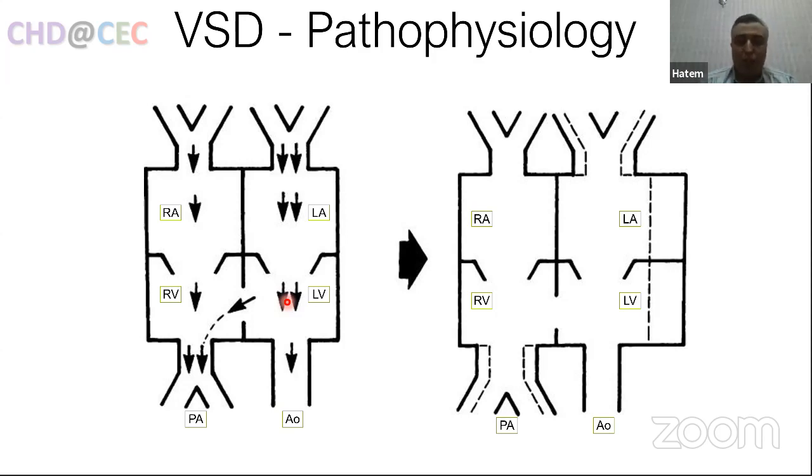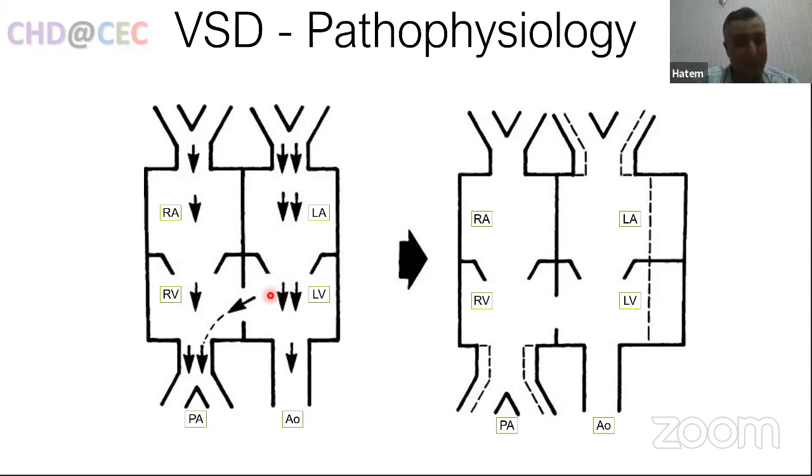Since the flow across the VSD is a systolic event, when more volume goes into the right ventricle at that time, it is contracted. Blood will not stay in the right ventricle long enough to stretch its walls. Actually, it will use the right ventricle as a pathway from the left ventricle into the pulmonary arteries. So the right ventricle does not get dilated in patients with a VSD.